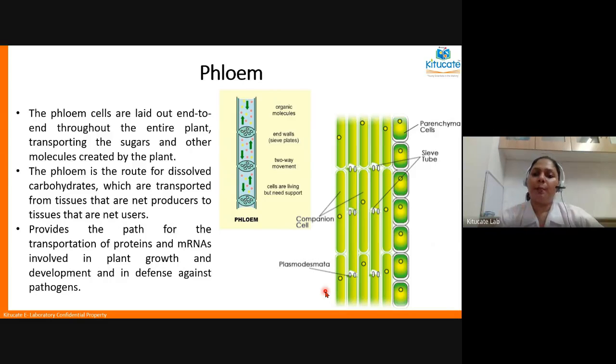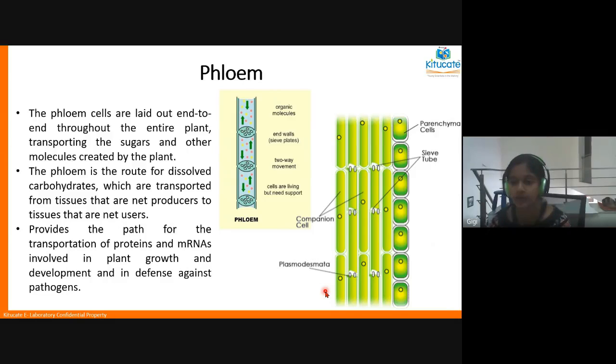Now to support the sieve tubes, we have companion cells. Imagine there is a sieve tube and it is covered by the companion cells. These companion cells further disperse the food to outside the phloem bundle, and they also offer some support to the sieve tubes.